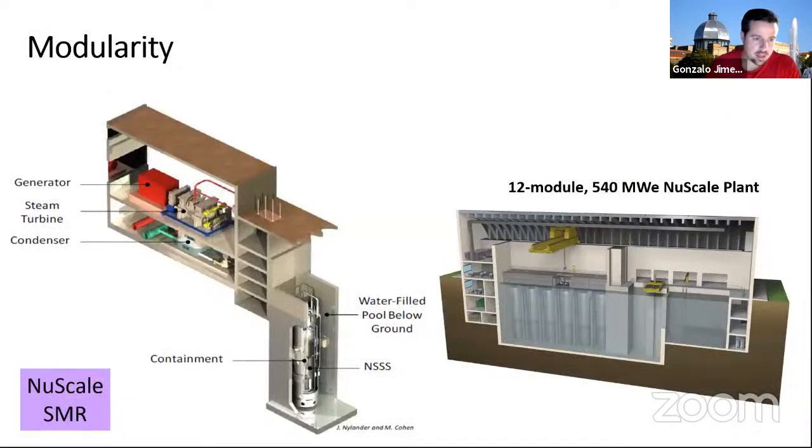Also, with the SMRs we have the capacity of modularity, but in a different way: we can start building one module, operate it, and then with time build the rest of the modules while the first one is under operation.